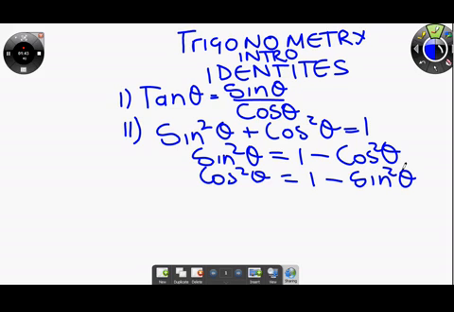It's very good to understand that this is the only time where you have the opportunity of transforming a sine to a cos or a cos to a sine, and this identity is quite useful.